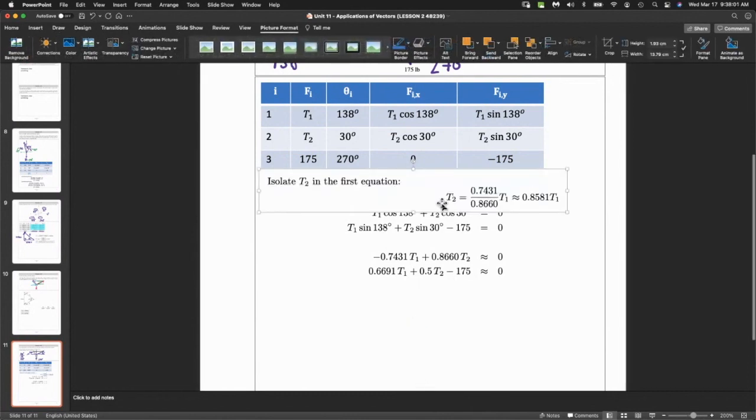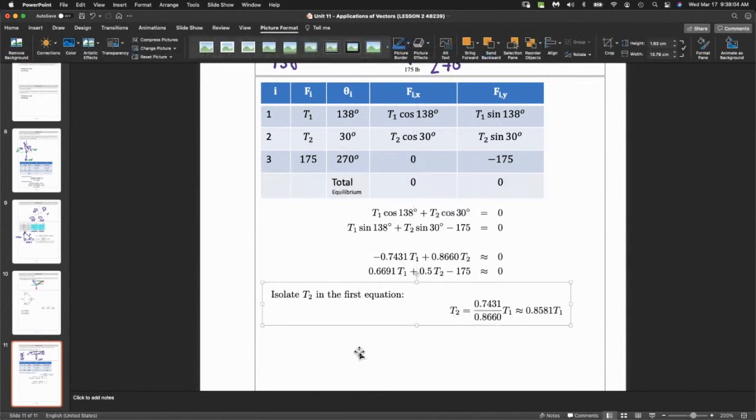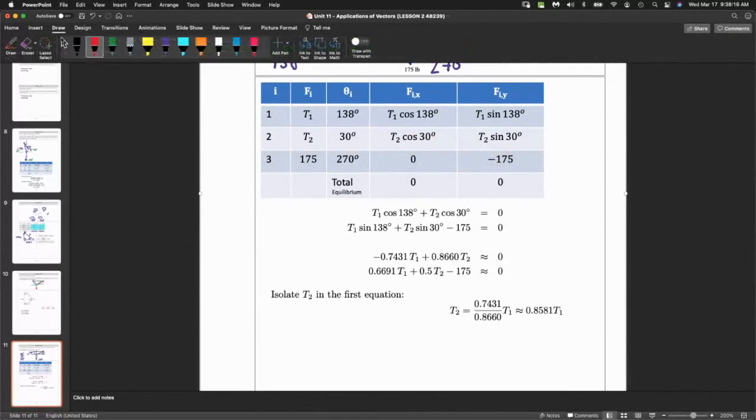So here's that step. I took the first equation here and I just moved this term to the other side and divided by 0.8660 and ended up with an equation here of T2 in terms of T1. So T2 is equal to this.